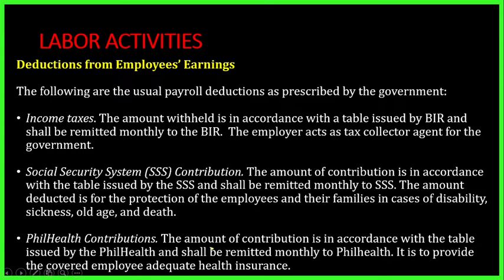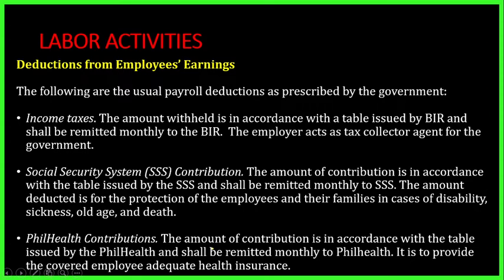For example, if the gross earnings is 50,000 and the employer deducted 5,000, that 5,000 will become a liability of the employer to the BIR. Because it will be deducted, what you will receive will be 45,000. That will be the net.